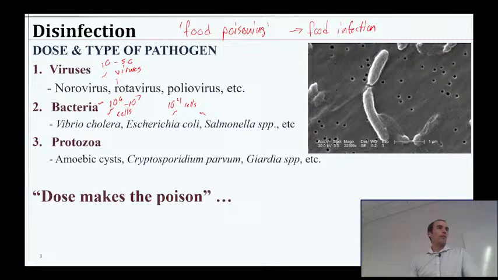They're easier to filter because they're larger. So we'll just say larger and harder to kill generally, at least with things like a chemical or heat. They're actually pretty susceptible to ultraviolet light. And it only takes something like 1 to 5 cells.